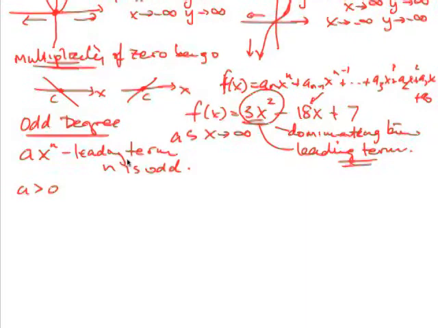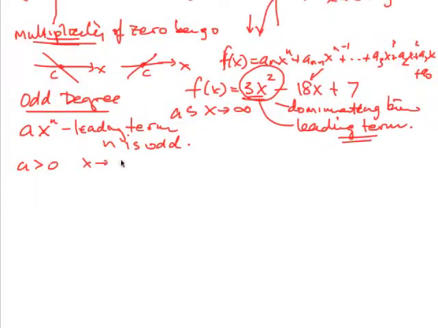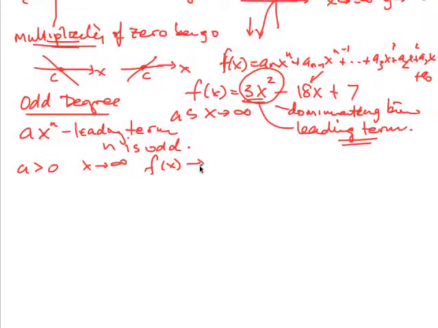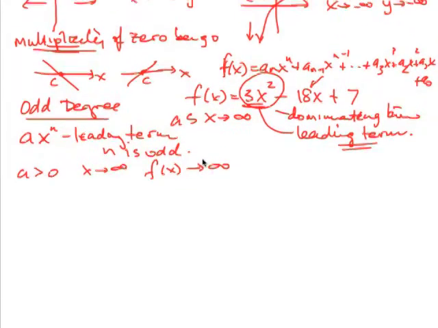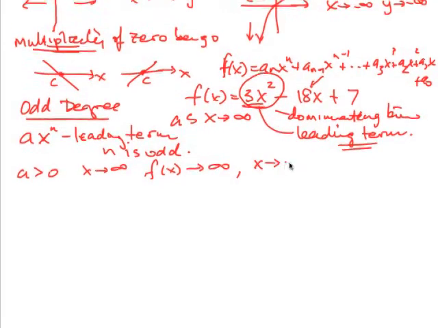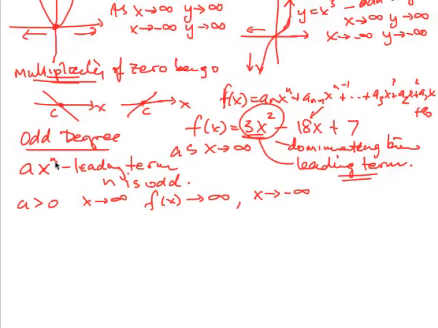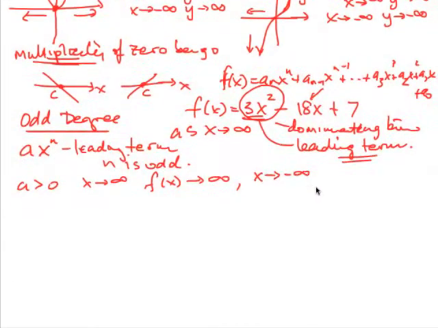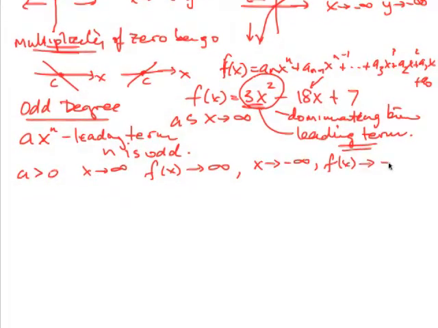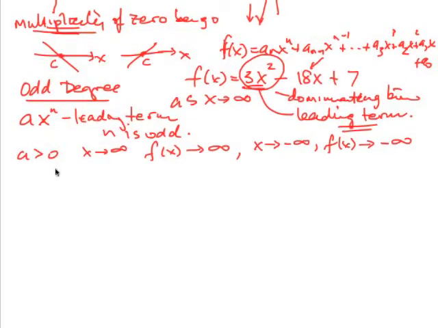So for example, if a is positive and x is getting larger in the positive direction, then my function is also getting larger in the positive direction. But of course, as x goes towards negative infinity, when I cube a negative number, I get a negative number, and this positive by negative will still be negative, so f of x is going to go towards negative infinity.